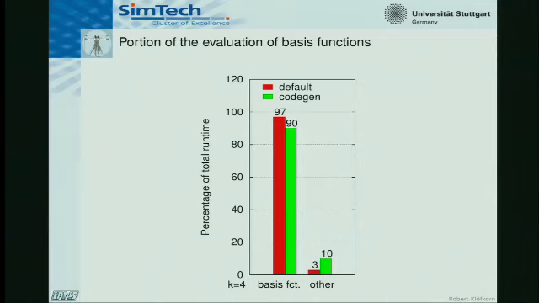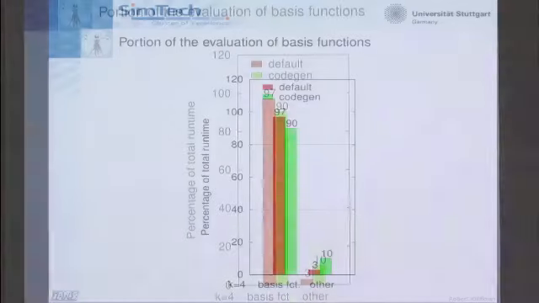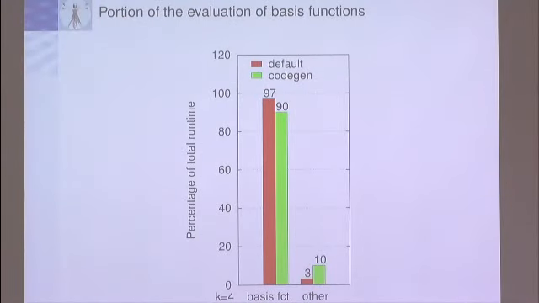So keep in mind that the basis function evaluation of the matrix-free DG method, and that's why I said this in the beginning, so it's matrix-free, that's the point here, is taking up more than 90% of the whole computational time. So if you can make that fast, your solver is going to be fast.